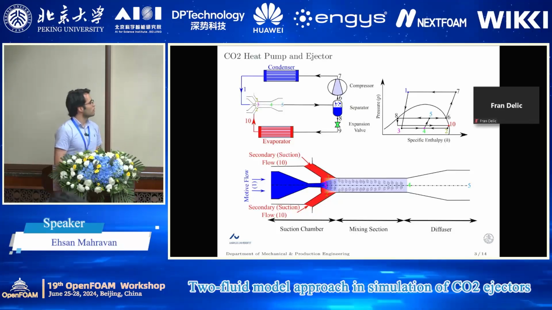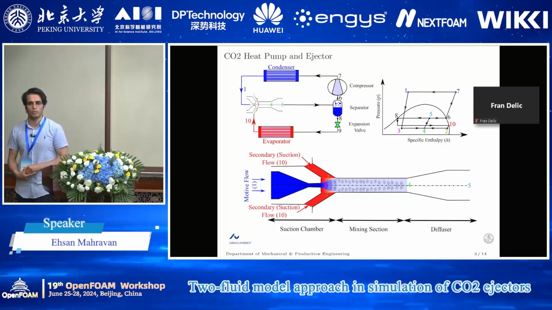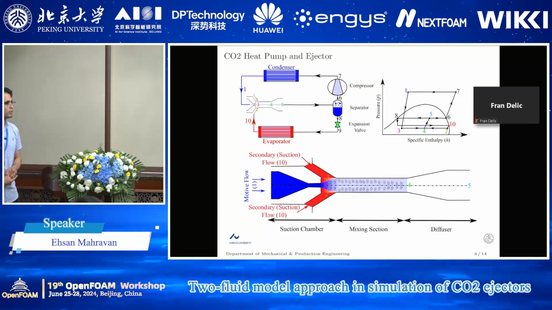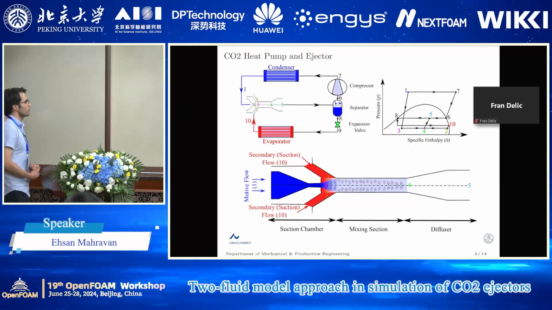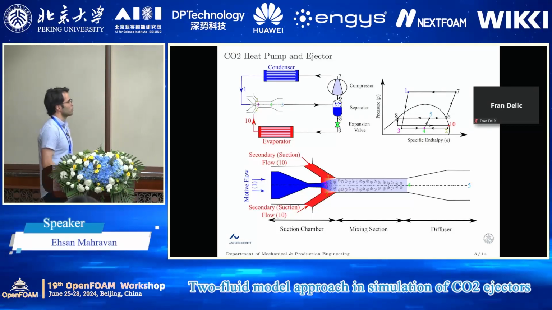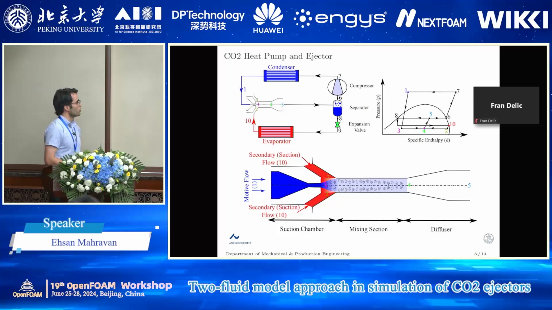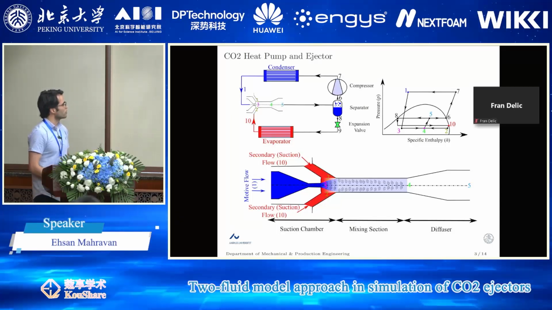Here, we do the same thing with the ejector, but with the difference that the ejector is capable of recovering a part of the expansion work and improving the overall performance of the cycle.